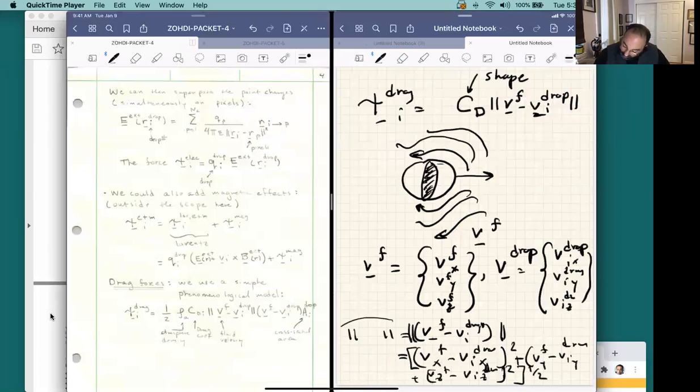That is the definition of the norm of the two. So this is a number, and it's a positive number.